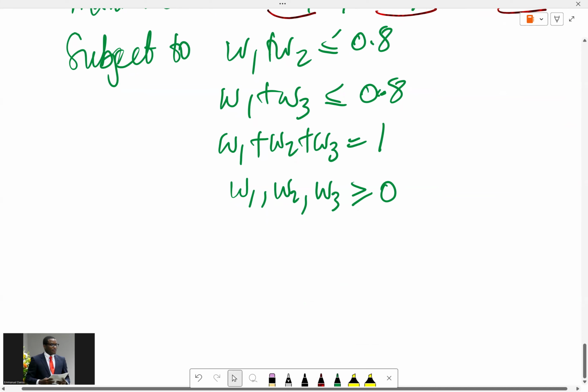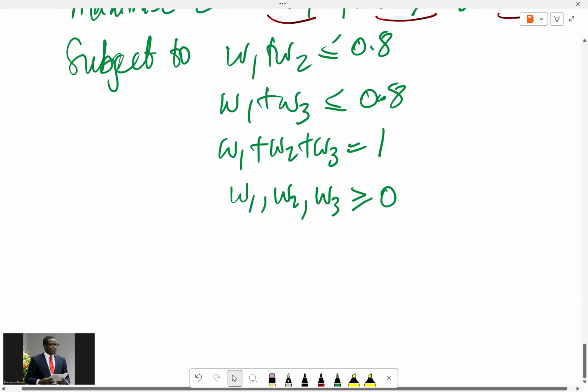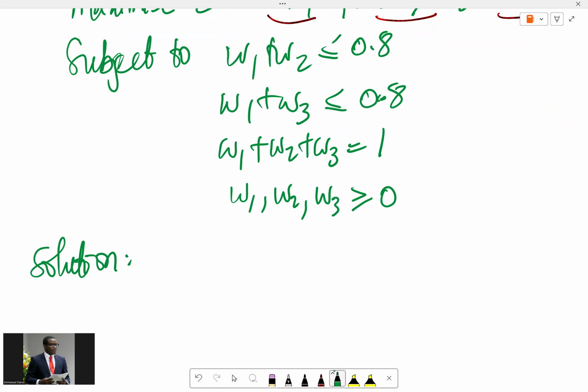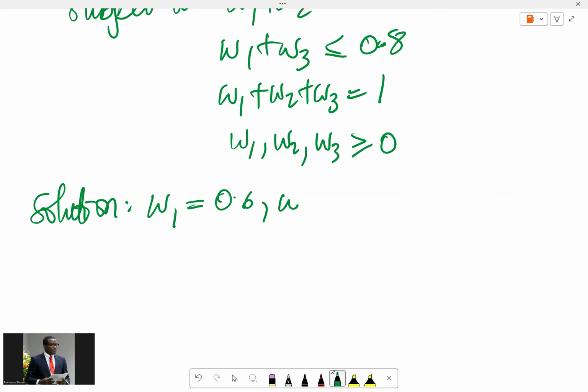The interesting thing is, if you set it up again and do the simplex, I'll just write out the solution straight. Of course, you can check previous videos to see how to go about the simplex method. So the solution here is still W1 equals 0.6, W2 equals 0.2, and W3 is still 0.2.